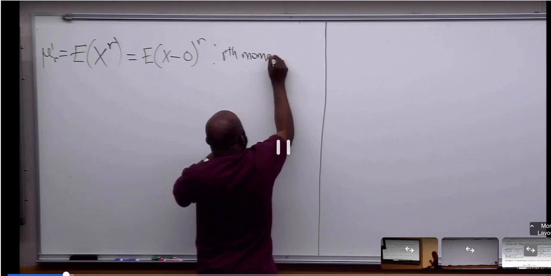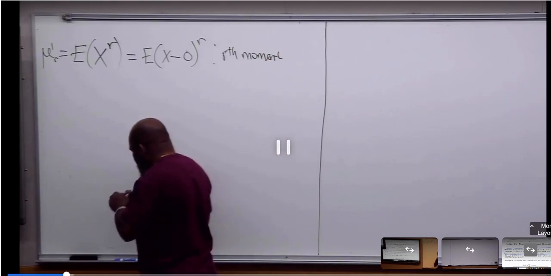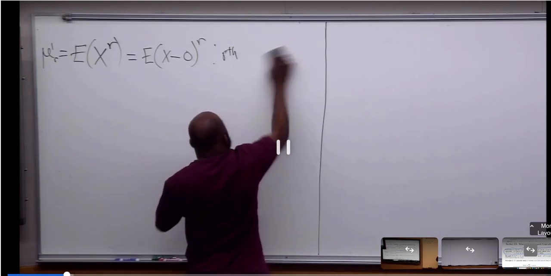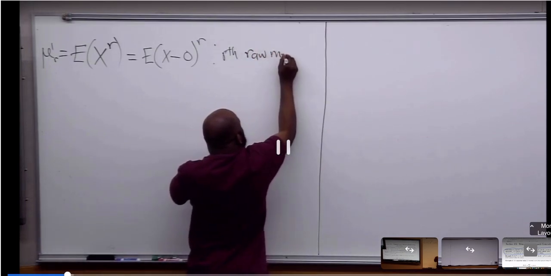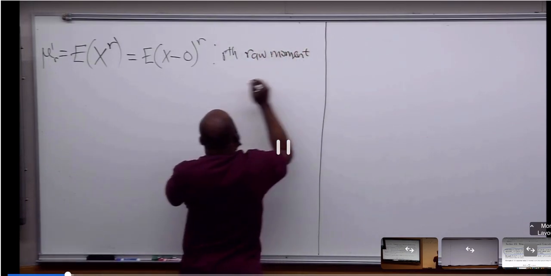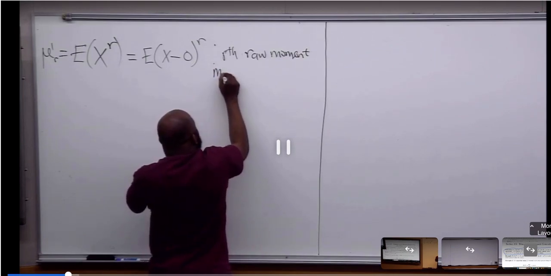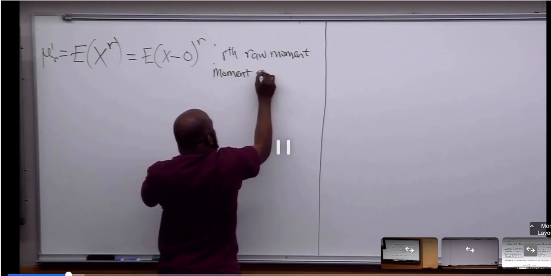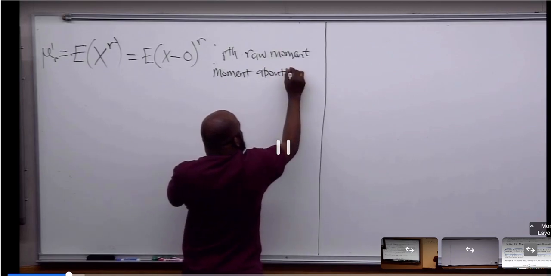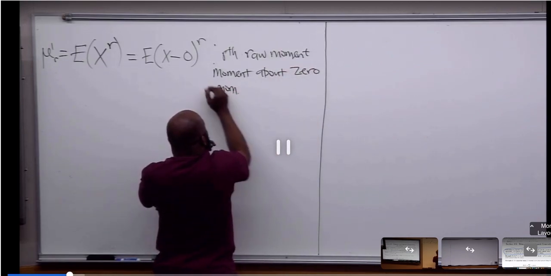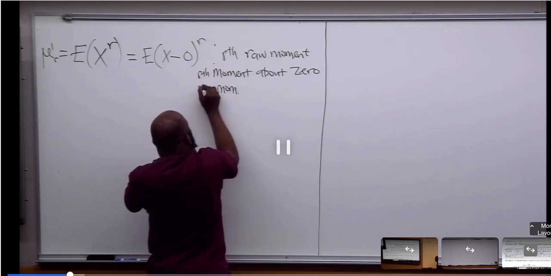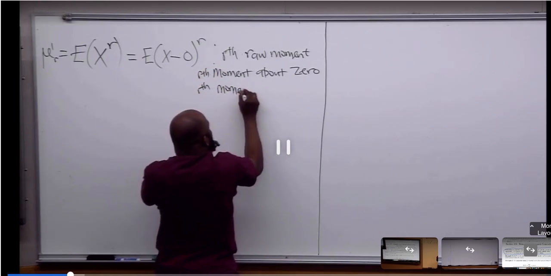We also call it the rth raw moment. We also call it the moment about zero. We can also call it the moment about the origin.